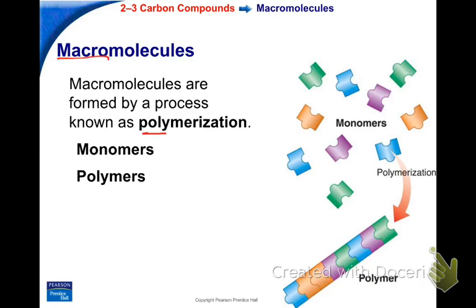So we know that poly means many. Mer means parts. And the suffix tion always means the process of.